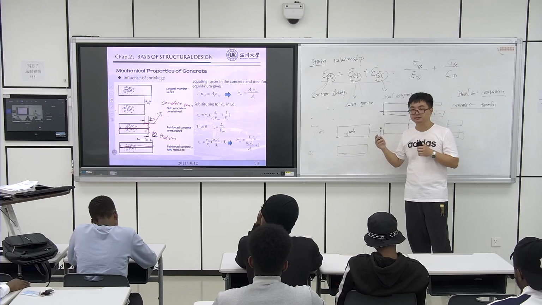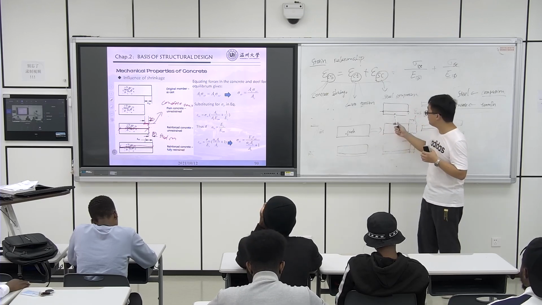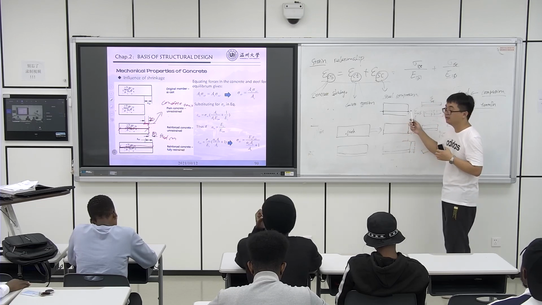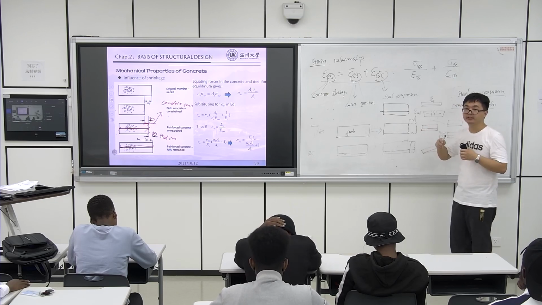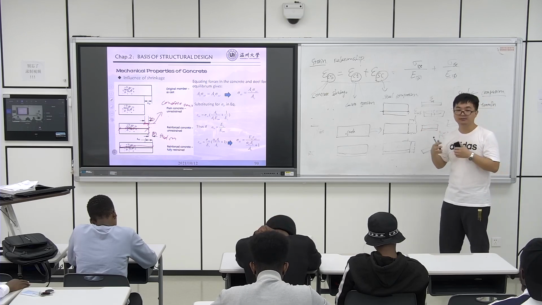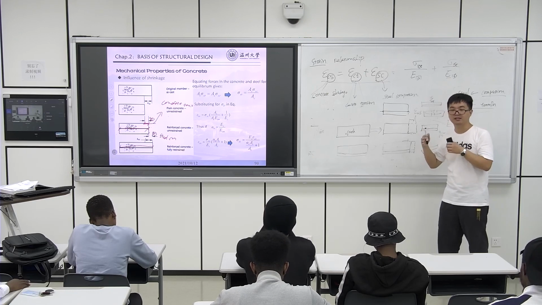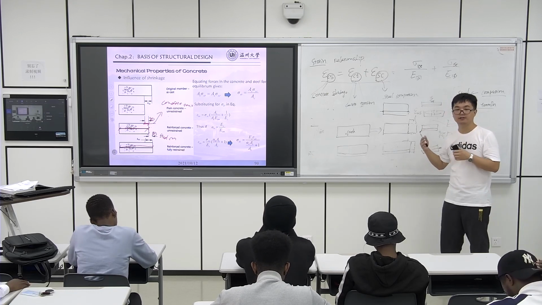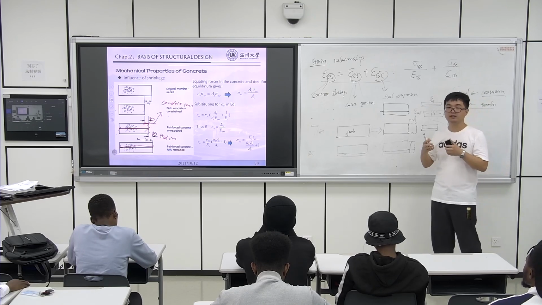So they must work together. If the steel bars do not work together, it means a big crack developed between the steel bar and the concrete, in the reinforced concrete. That means this reinforced concrete is broken.